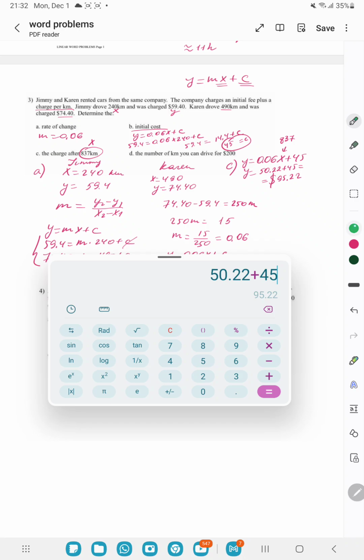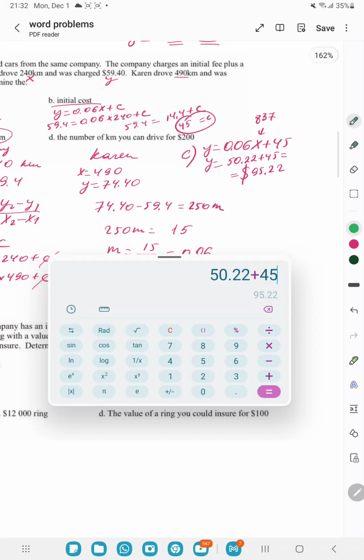Now let's do D1. It's about the number of kilometers, so it's about x. You have to find x when the car can drive for $200. So y equals 0.06x plus 45.